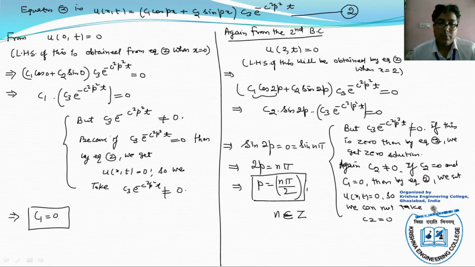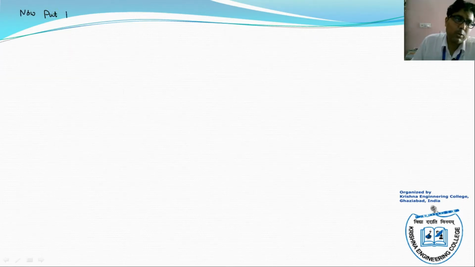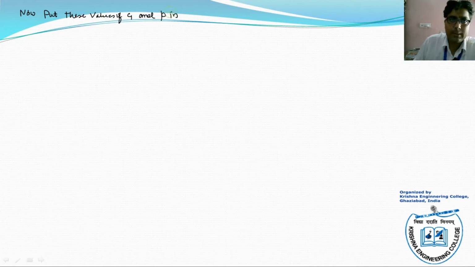Now put these values of C1 and p in equation second.